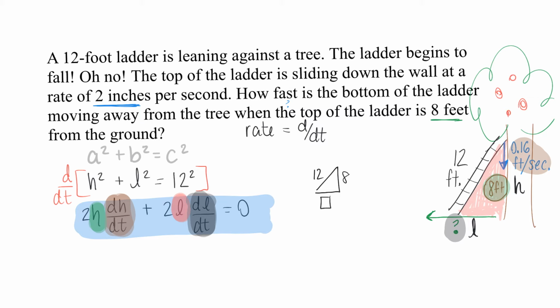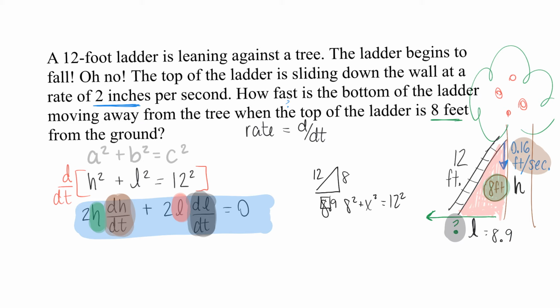Can't I figure out this bottom length really quick using the Pythagorean theorem? Can I say 8 squared plus x squared equals 12 squared? And if I do that, then I get the square root of 144 minus 64, which is 8.9. So my length at that very moment is 8.9.